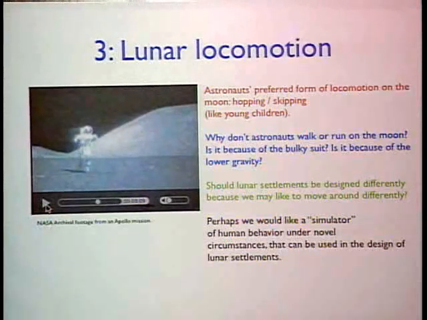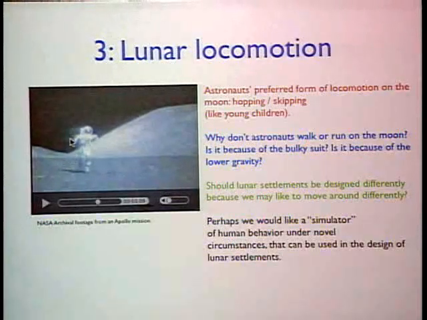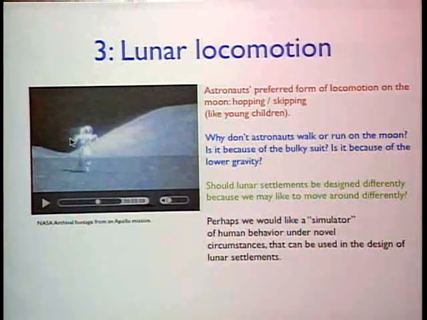People believe, and some people have done some calculations which suggest this is the case, that it's energetics again. But I wouldn't say the case is closed that people move this way on lunar gravity because of energetics.